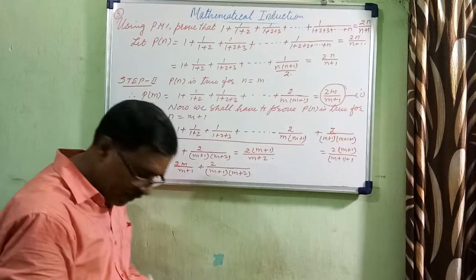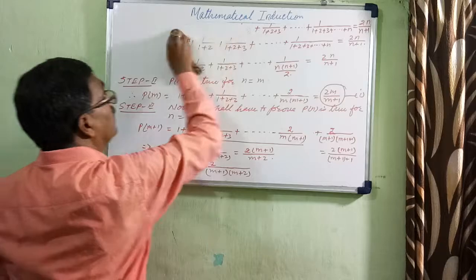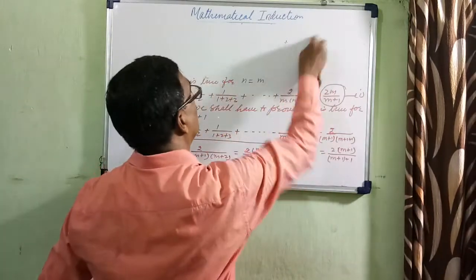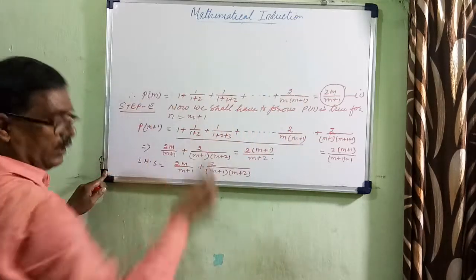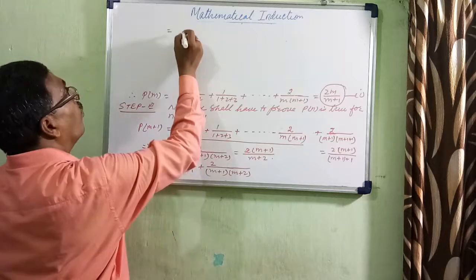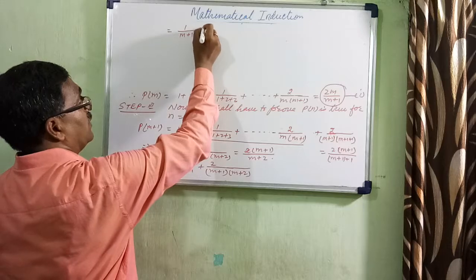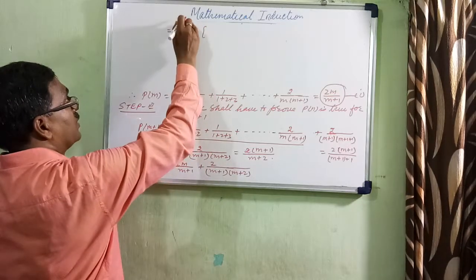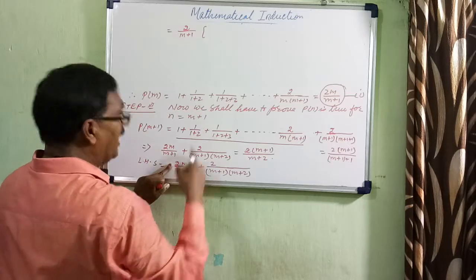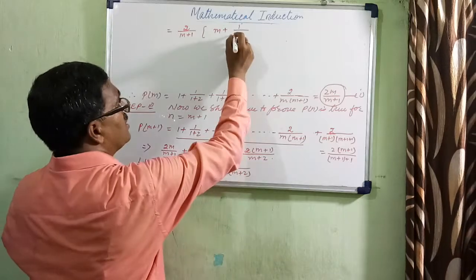Now, in the denominator, what is the most common term? Your most common term is 1 by m plus 1. And what is left over? Rather 2 also is common, so you can take 2 by m plus 1. So here left over only m, and here left over how much? m plus 2.